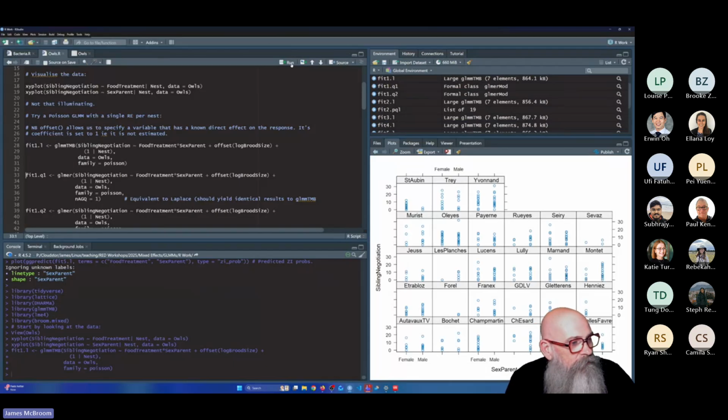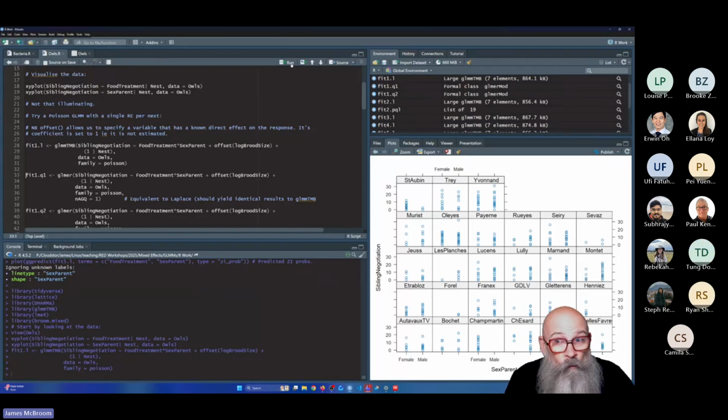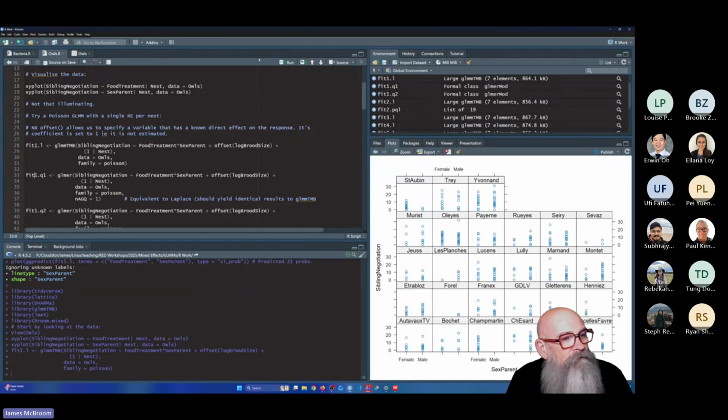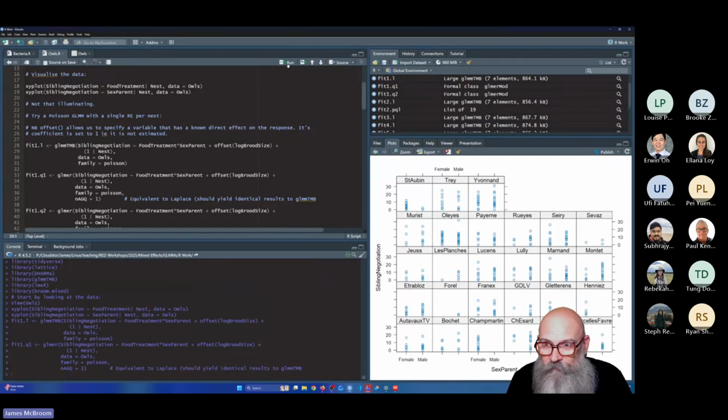In glmer, if you just say the number of adaptive Gaussian quadrature points is 1, and I think that's the default actually in glmer, that's equivalent to Laplace. So fit1.L and fit1.QL here should give us roughly identical results if the algorithm's been implemented properly.